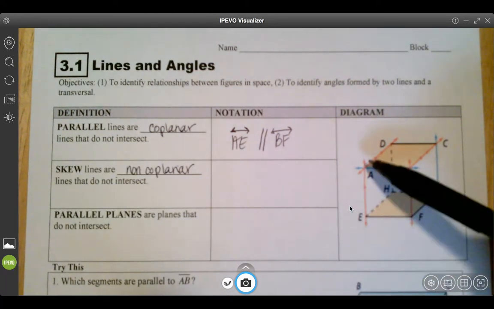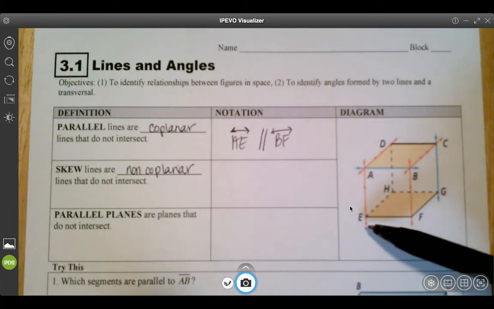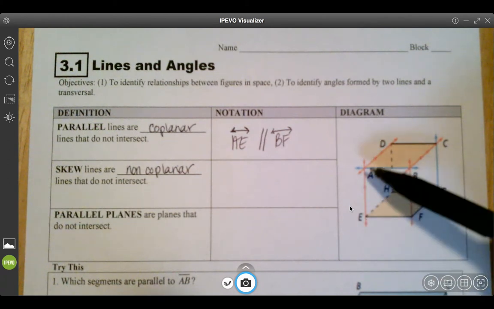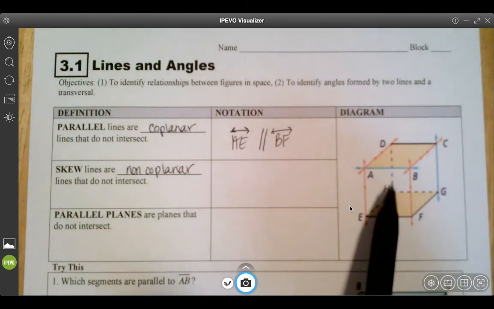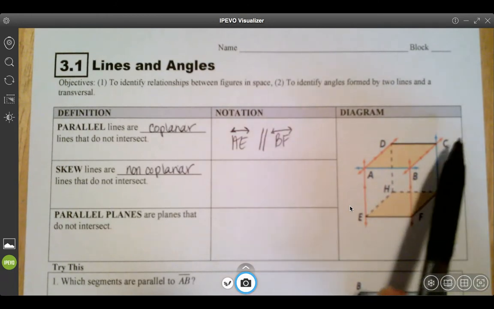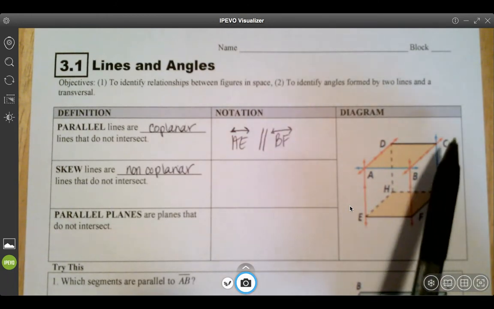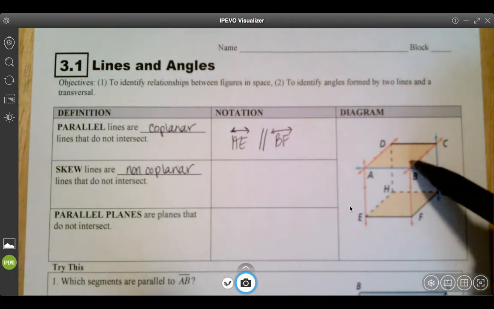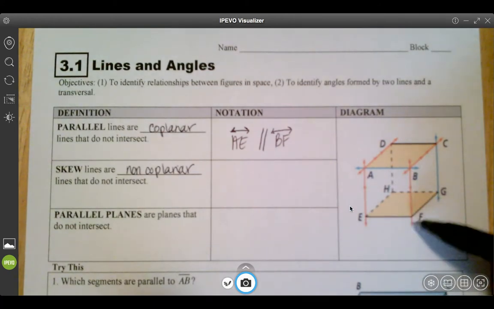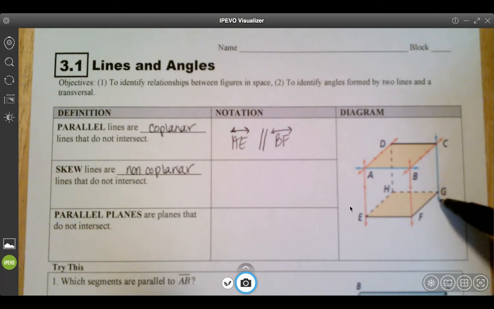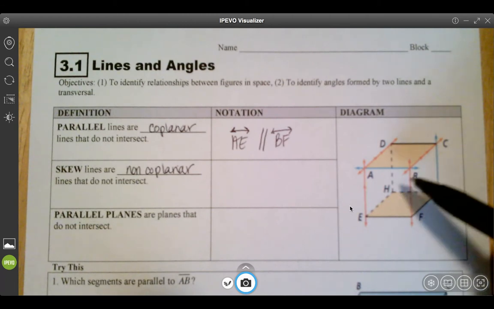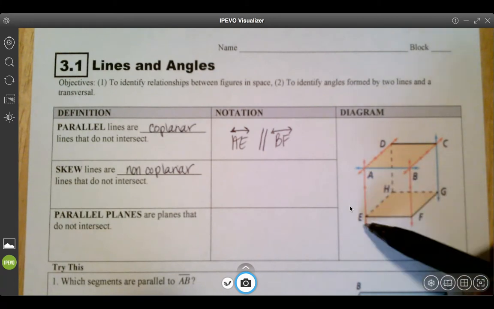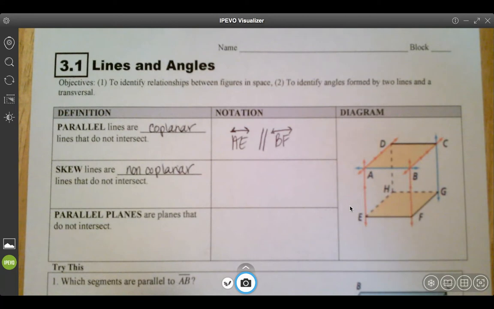So we want to find a line, and we'll use AE as our example, that doesn't share a plane with line AE. So it can't be on the front face and it can't be on the left face. So if we pick a line, for example, on the right face of this cube, we have AE, it would be parallel to BF, it would be parallel to CG, they're going the same direction, but BC is a line that's never going to touch line AE, but they're not going the same direction.